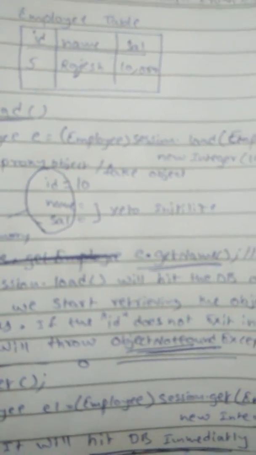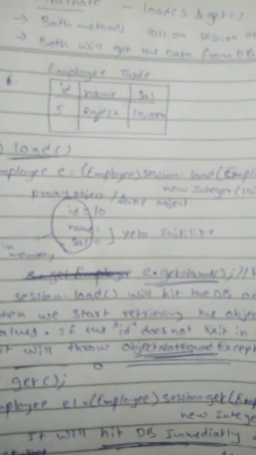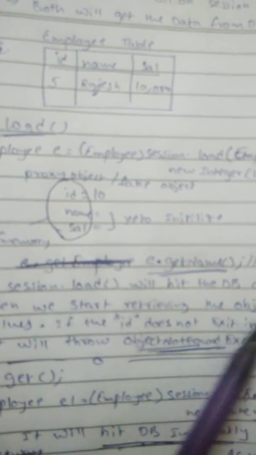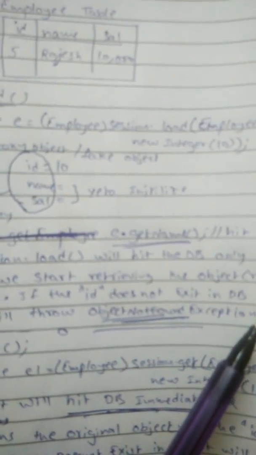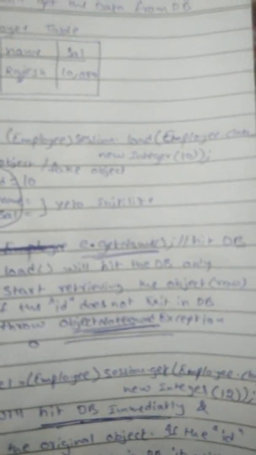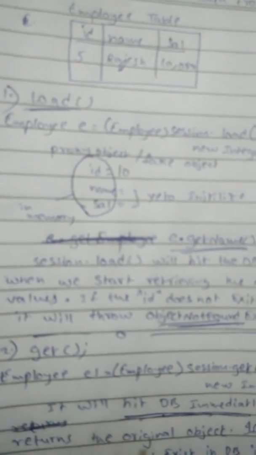So when you try to call other properties like name, getName, or getSalary, then it will hit the database. So session.load will hit the database only when we start retrieving the object row values.